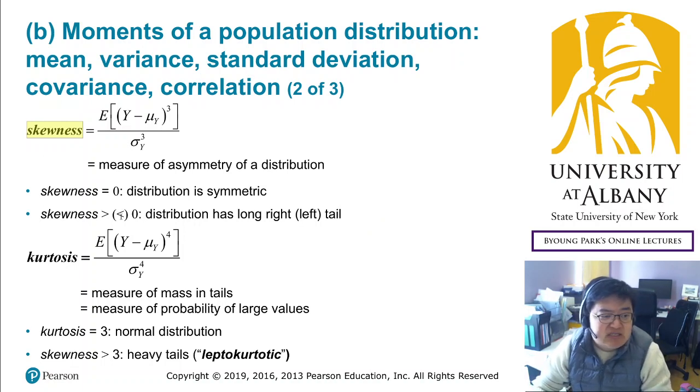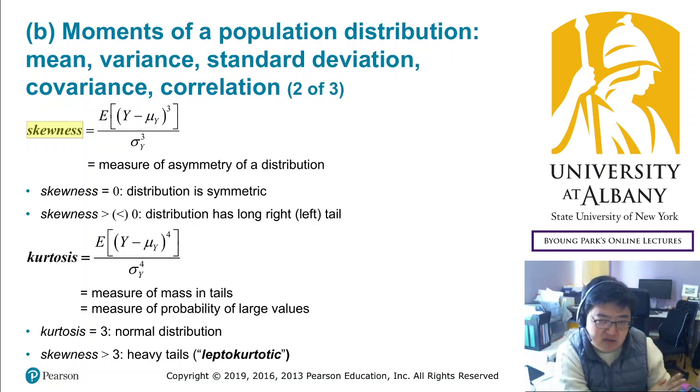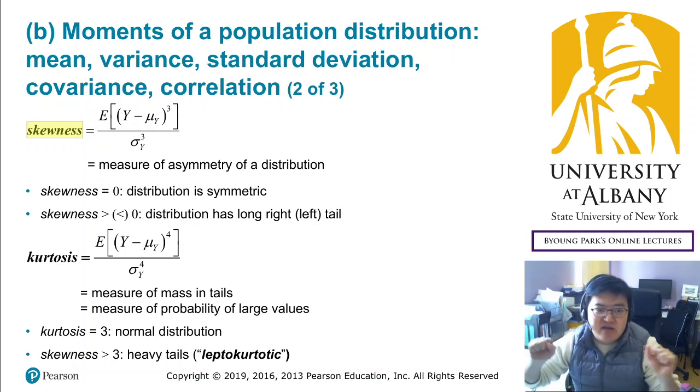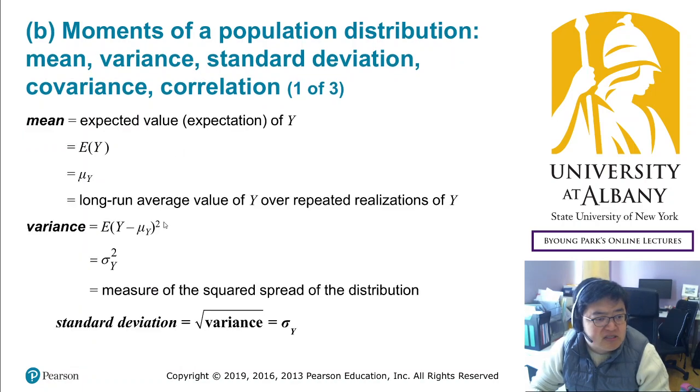If the skewness is negative, it means there are some extremely small outliers in the distribution, so either tail is longer. But what I want to show you here is you have fourth order, third order, second order, first order. So it's purely mathematical generalization.